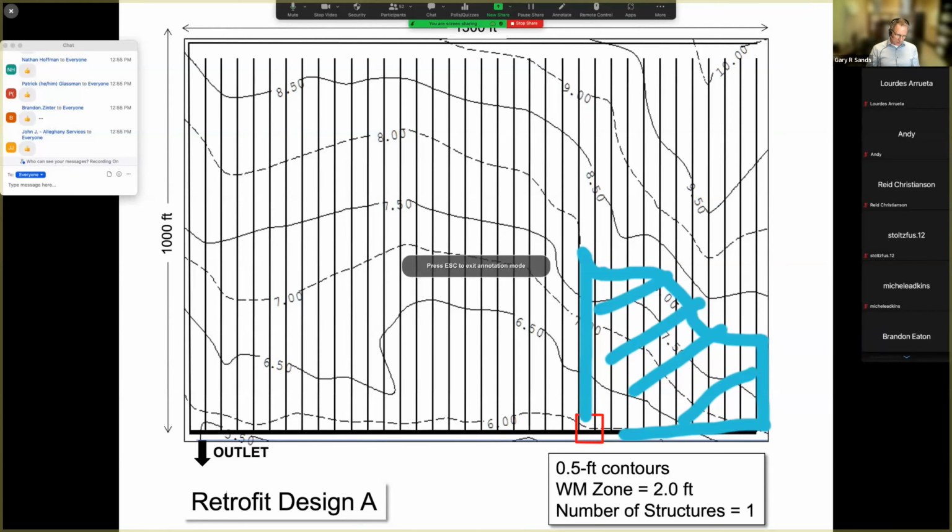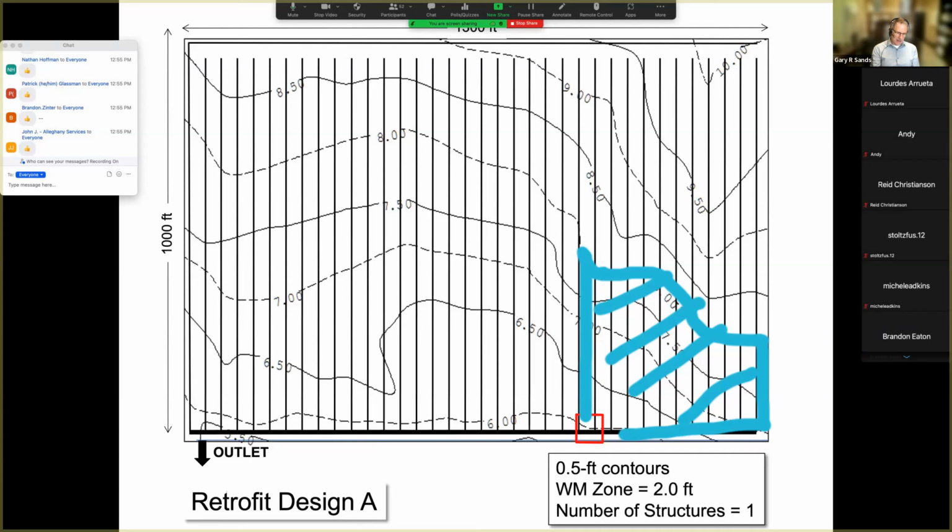Well, this would work. And of course, you see we're kind of limited in terms of area and the size of our zone. And we don't have a realistic location to put a structure at 8 feet to go up to 10 feet, not without doing something else.